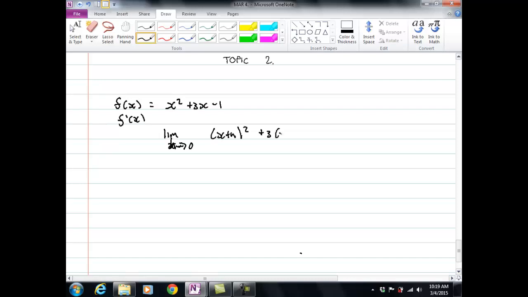Plus 3 times x plus h minus 1 minus x squared minus 3x minus 1, all over h. And if you did this correctly, you should get 2x plus 3. Simple. The fastest student in my class did that in about 1 minute. The problem is, Mr., no, I've seen that before, so I know the answer.